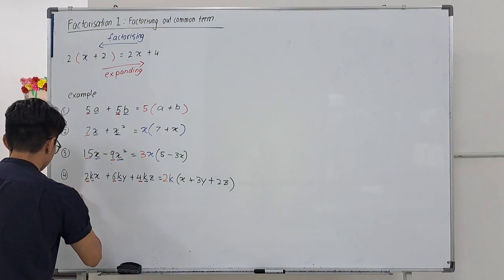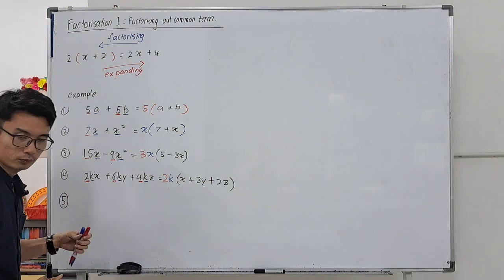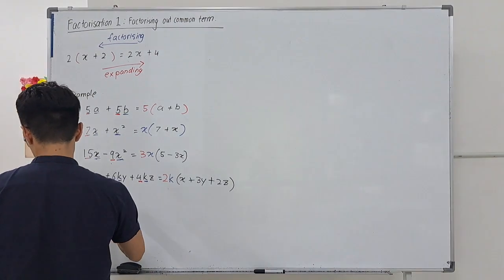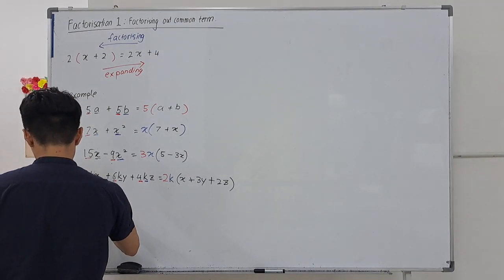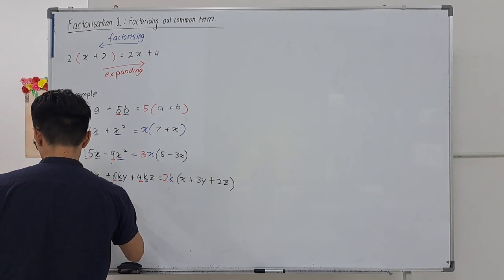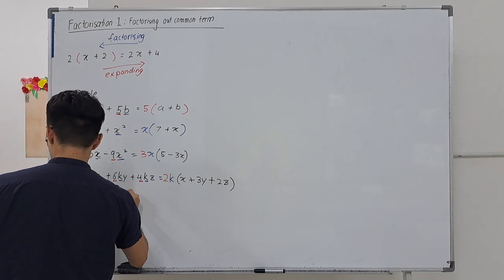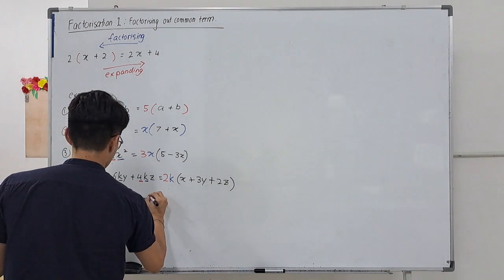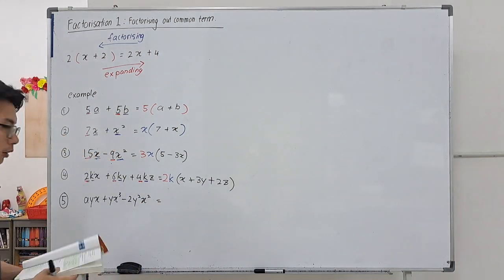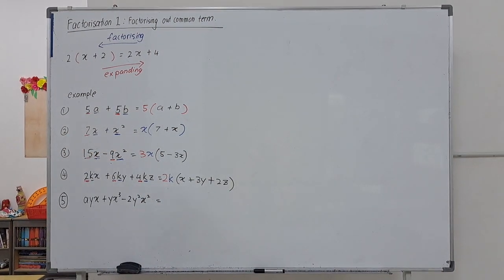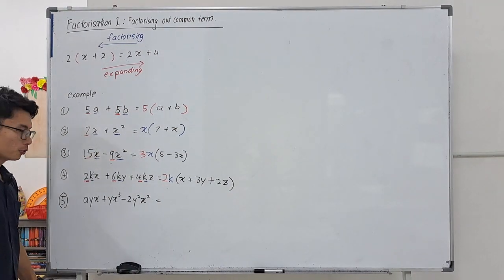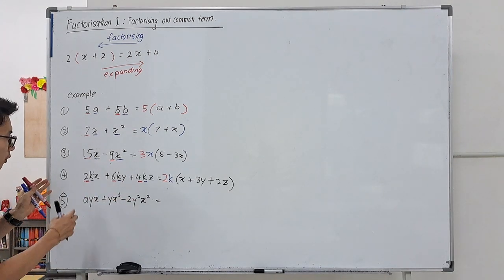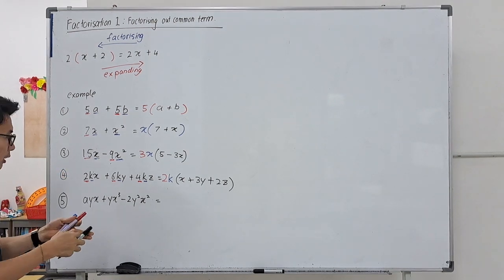Now, last example. Let's try this one. Okay, again, let's try to factorize this over here. So again, when we look at the equation, let's try to look for something in common.